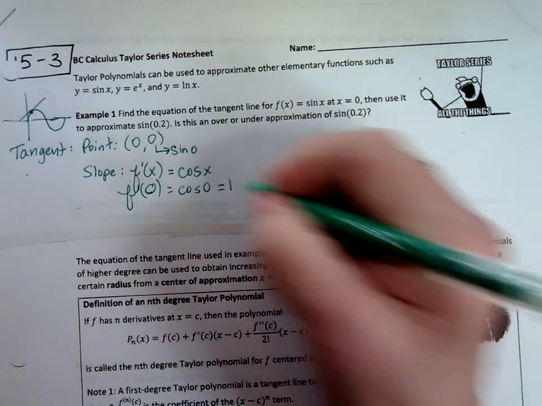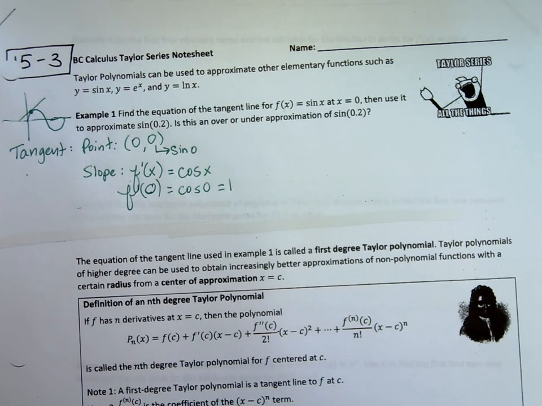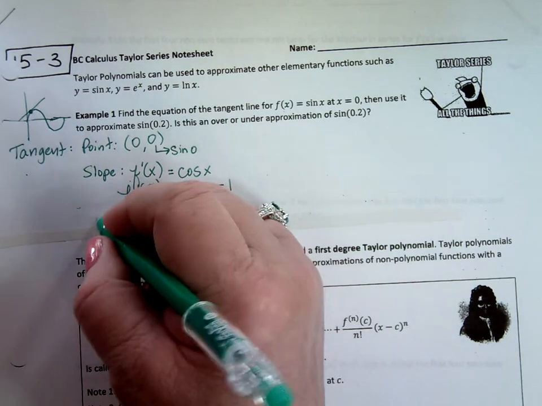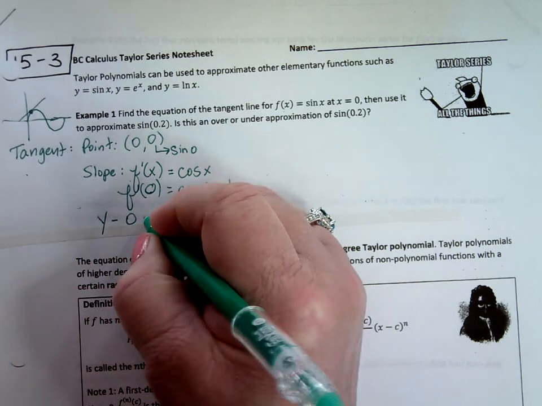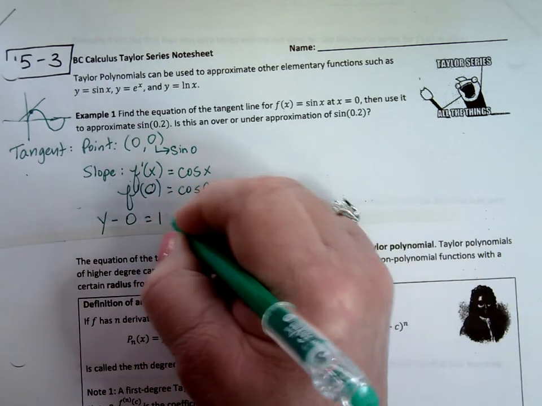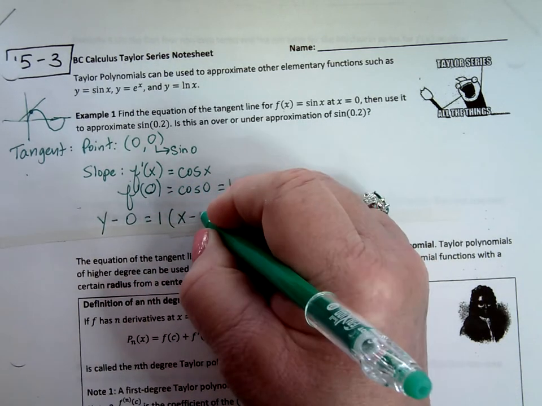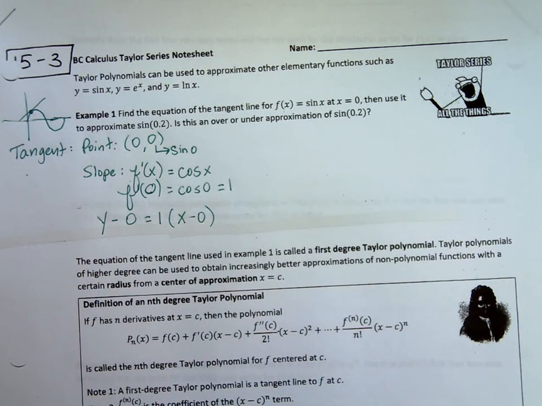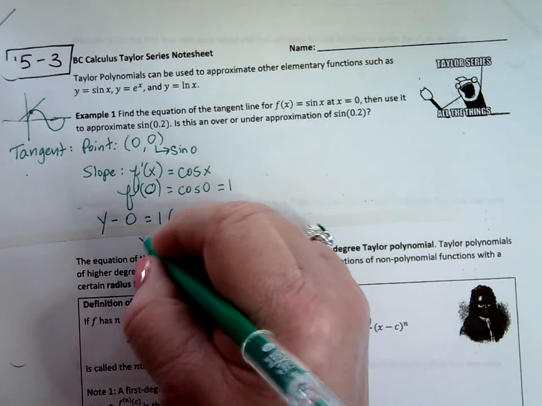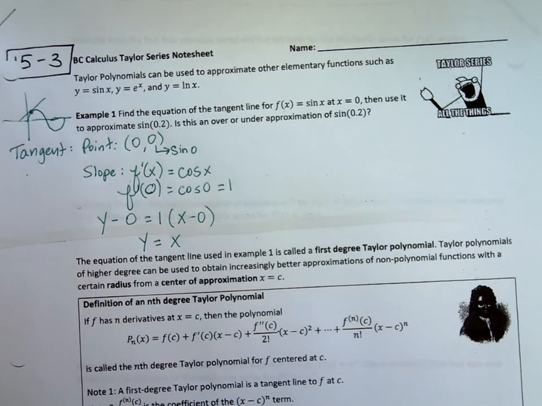Cosine is 1. And so I can put together my tangent line. We know it's y minus y1 equals my slope 1 times x minus x1. That's really a whole lot of nothing, right? It's y equals x. All right, there's your tangent line equation.